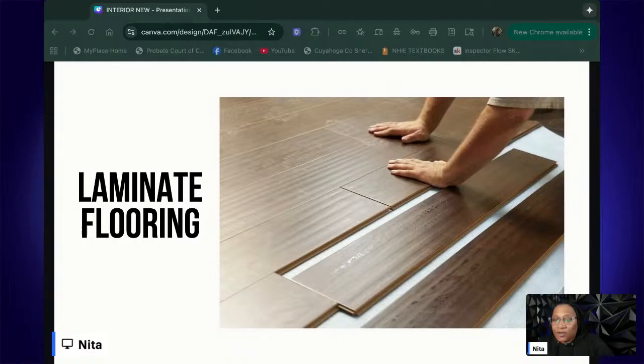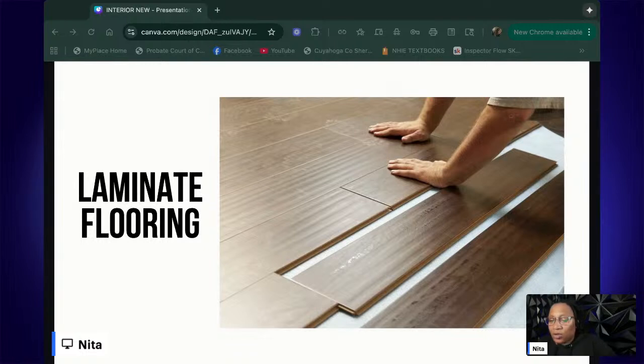These floors are very common in rentals, where there's going to be a lot of high traffic and different things like that. You'll see a lot of laminate floor. These are typically installed in planks. I don't know if you can see here, but there's a tongue and groove situation where they almost click and lock into place.